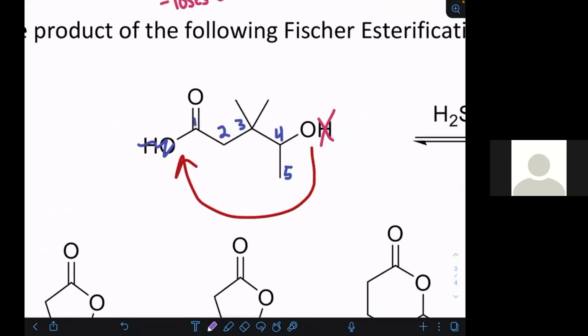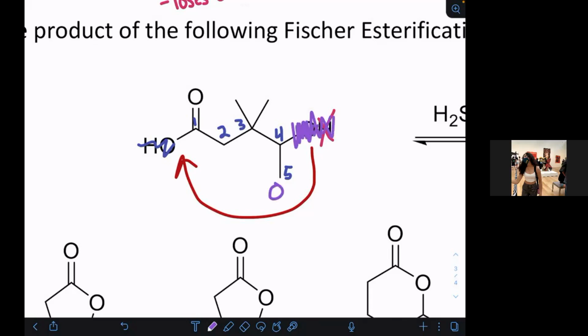Just for the sake of visualizing, swap carbon 5 with the place of the alcohol, so it's just one long chain, not facing down, and then the hydroxyl is facing down. That makes sense.